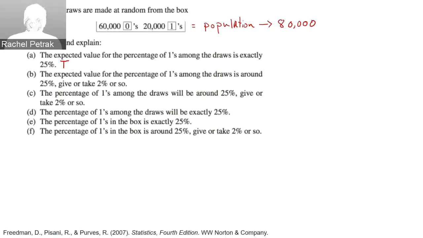The ones are 1/4 of that. 20,000 out of 80,000 will end up to be 25%. Next, the expected value for the percentage of ones among the draws is around 25%, give or take 2% or so.